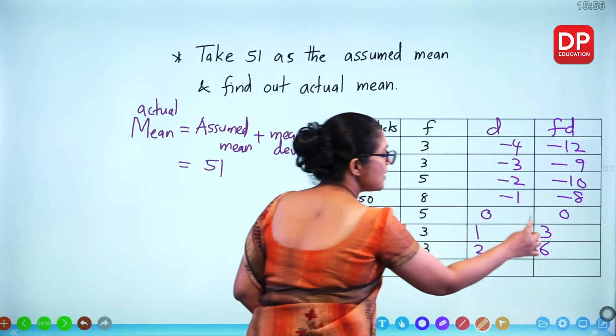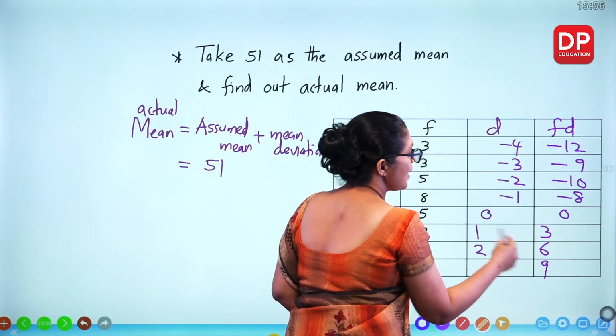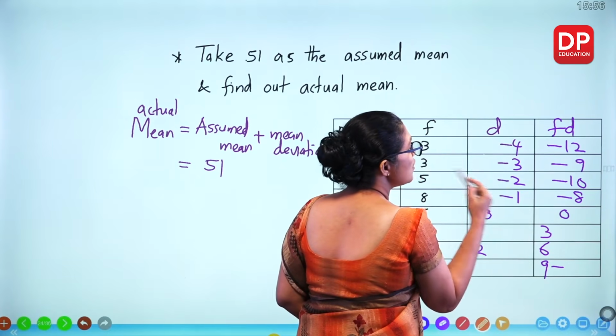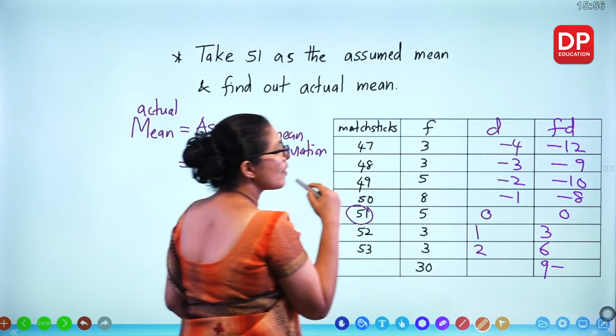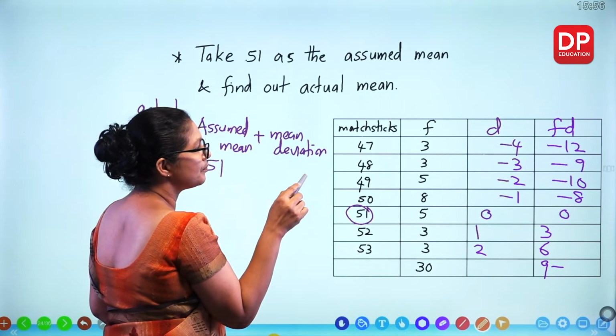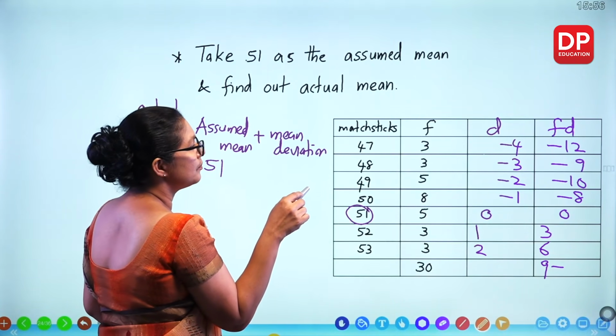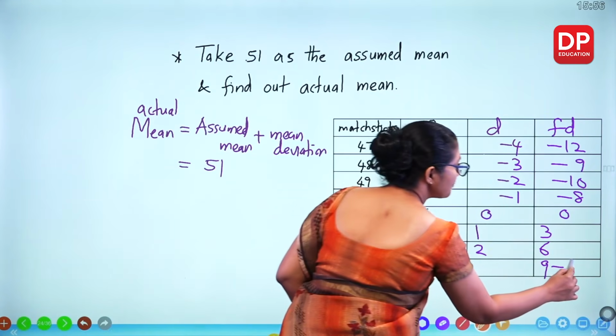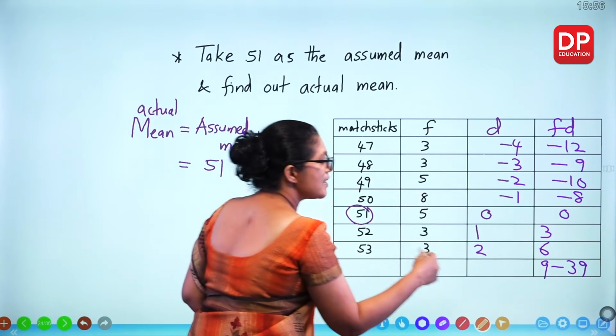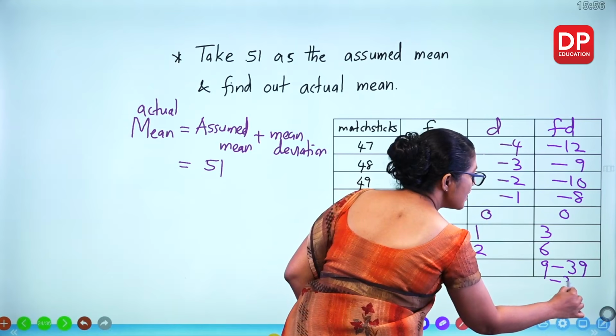Add it together, this is plus 9, and negative values when you add, you get 39. 9 minus 39, you get minus 30.